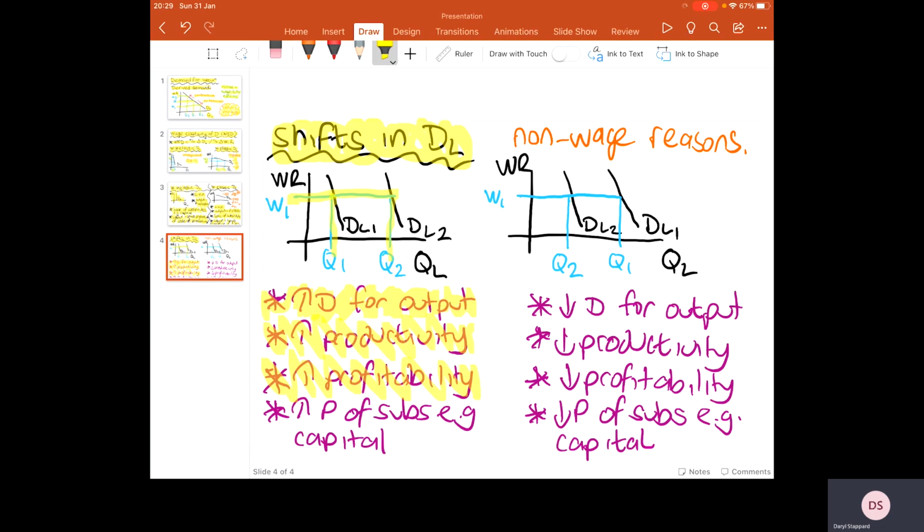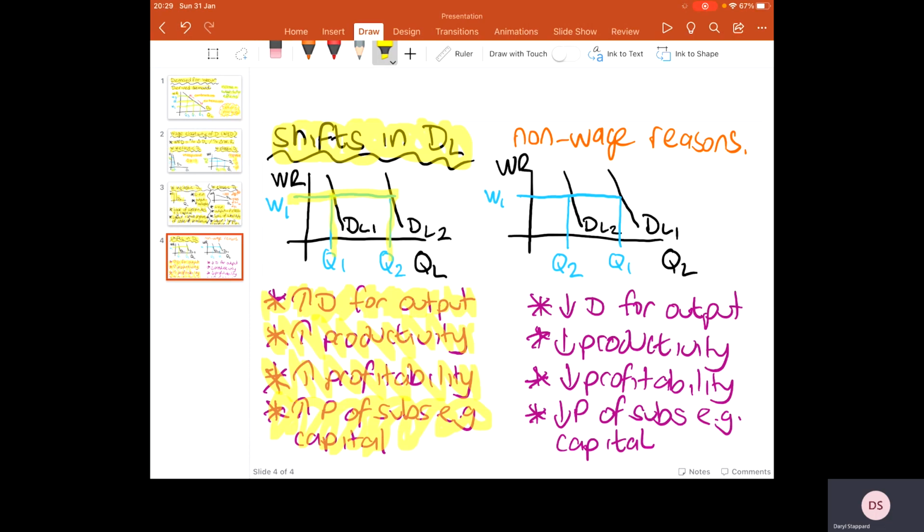And if they start investing more money, then they're going to need more workers to keep up with those investments that they're now making. Now, the final one could be a growth in the price of substitutes. So if capital was to become more expensive, then at the same wage rates, firms will demand more workers. They'll get rid of capital and they'll move towards more labour instead.